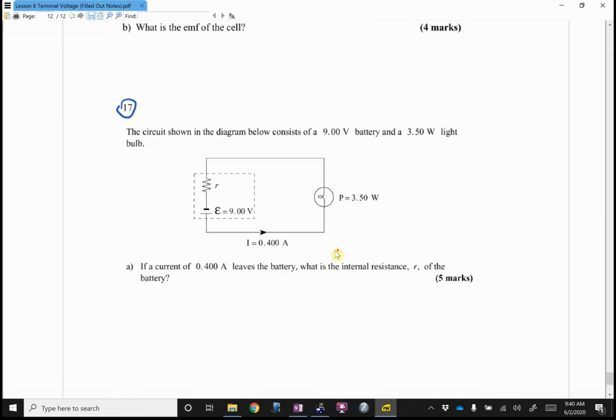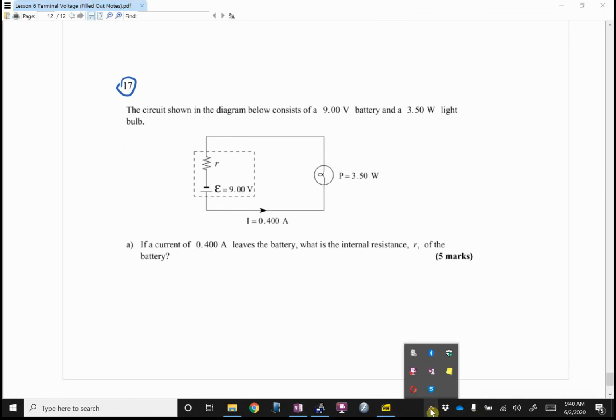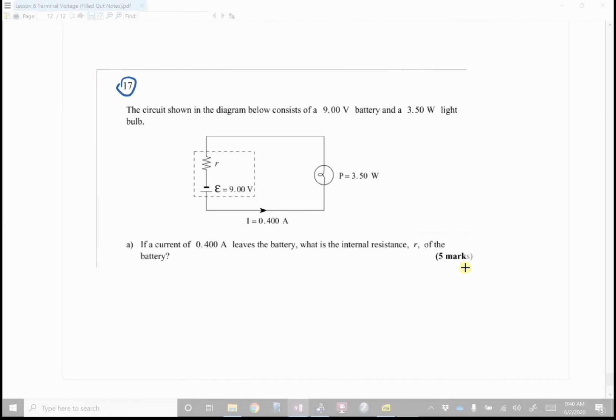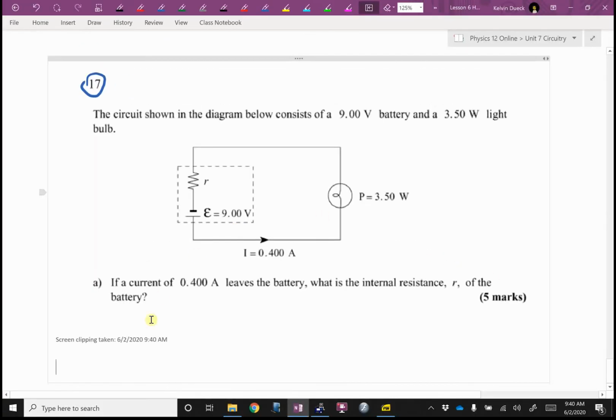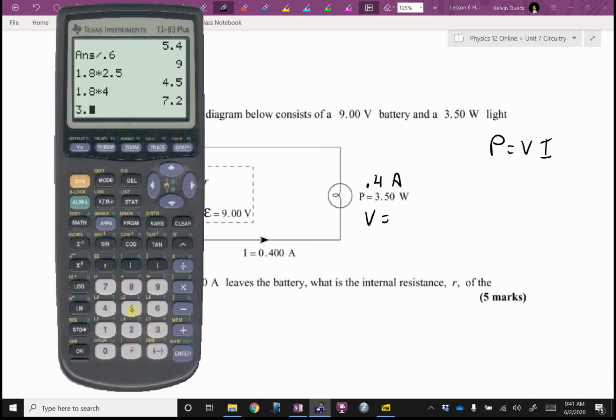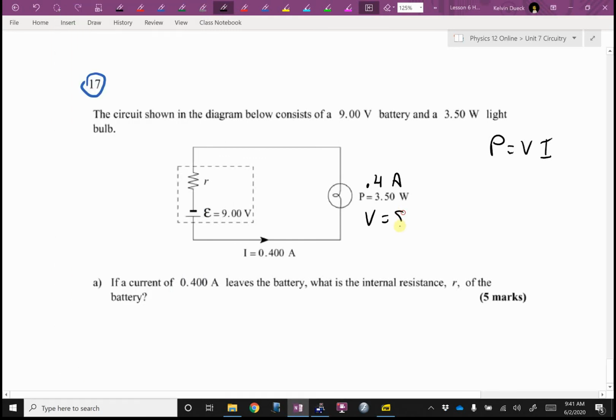Last one. Oh, they gave me two things. I know this is 0.4 amps, and since power equals V times I, V is going to be power divided by I, 3.5 divided by 0.4, which is 8.75 volts.